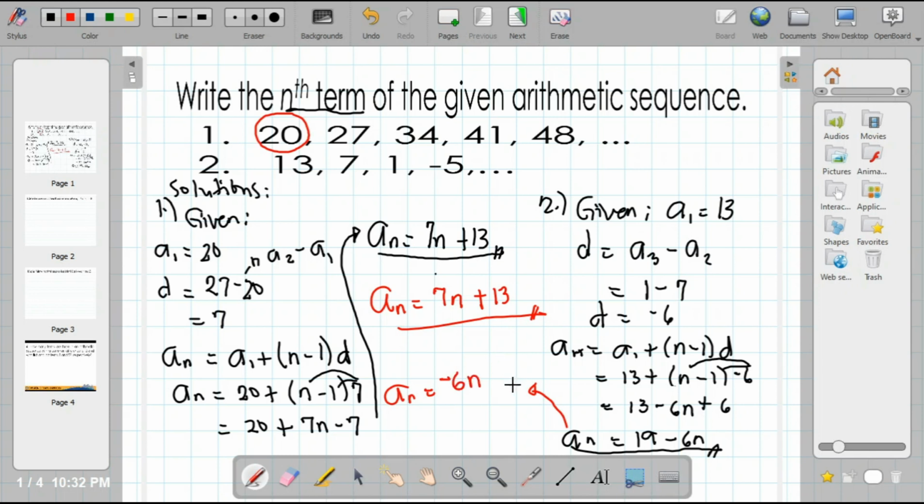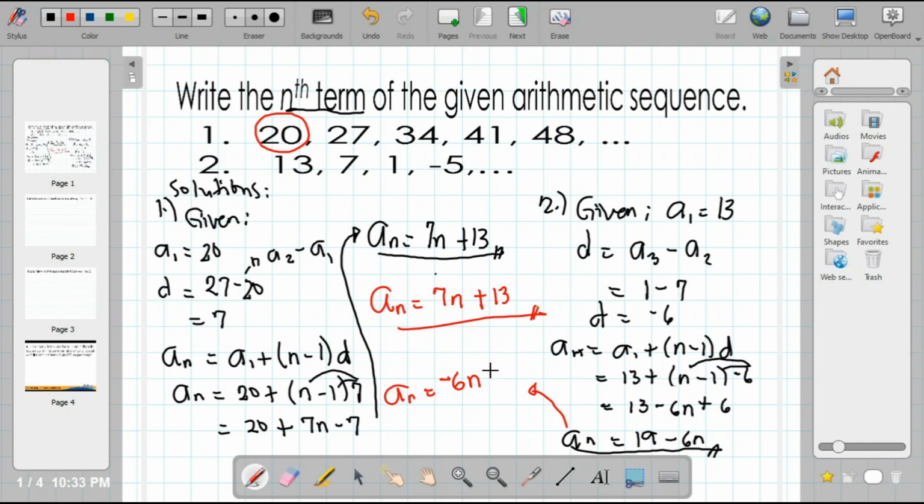And then after that, you find the number that I add to negative 6 so that the answer is positive 13.